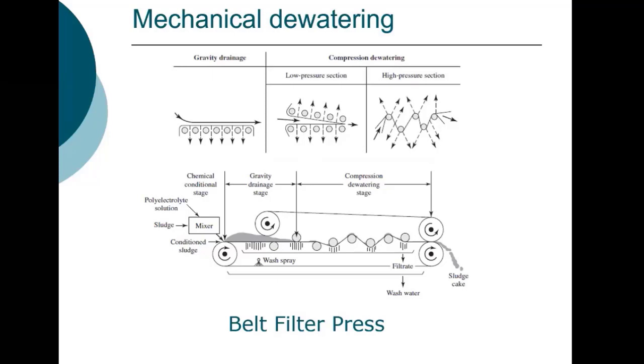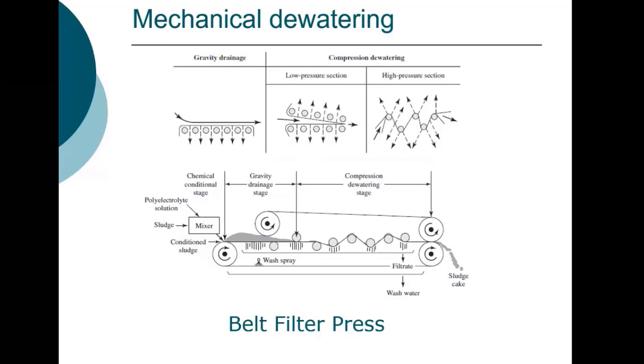So basically with these, what you see is you've got this gravity drainage, then you've got the compression dewatering. So you've got a lower pressure. And then as this sludge moves across these rollers, that helps to discharge the water. Again, the water is transported to the headworks of the plant.